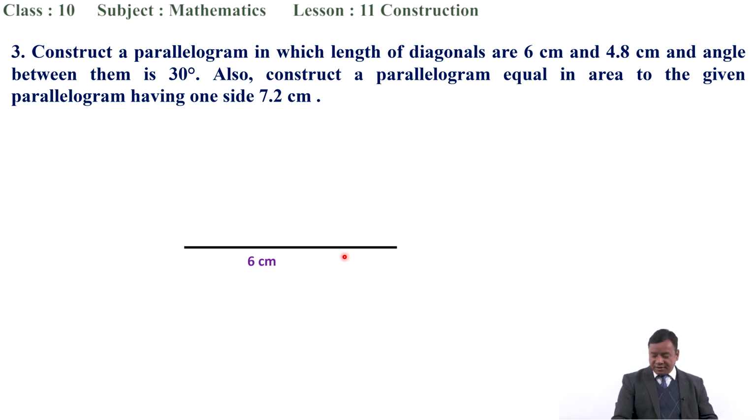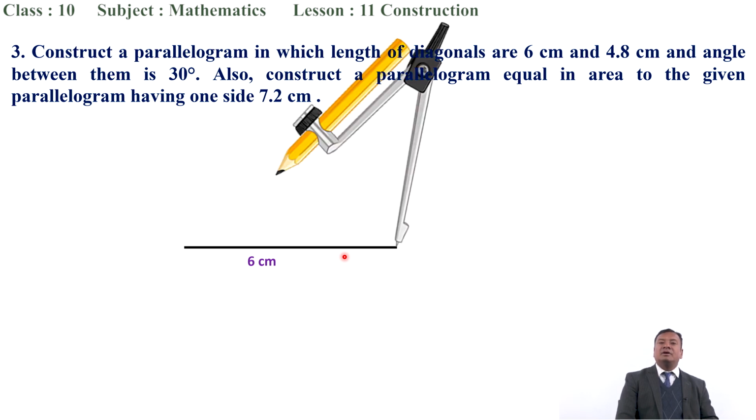First we draw a 6 centimeter line segment. Then we have to draw the perpendicular bisector of this. Why draw the perpendicular bisector? To get the middle point. We know that the diagonals of a parallelogram bisect each other, so we have to get the middle point.